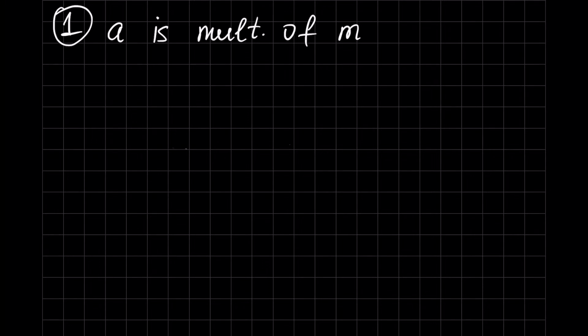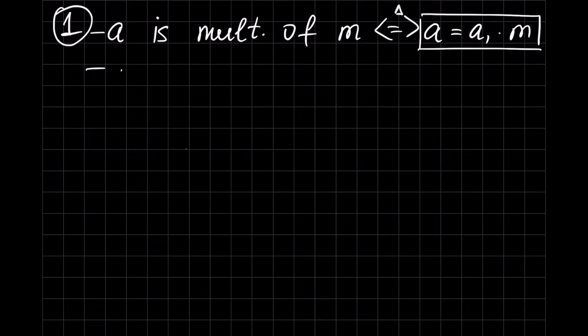So this notation means B divides A. Result number one, or theorem number one: assume A is multiple of number m. By definition, this means A is equal to A1 times m.